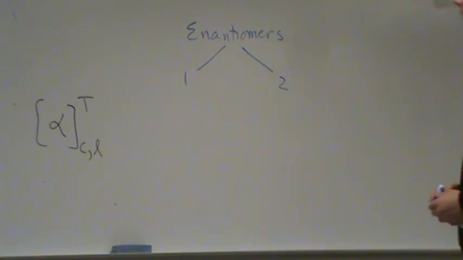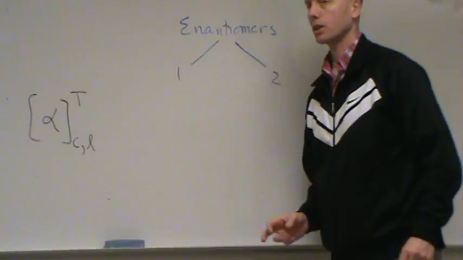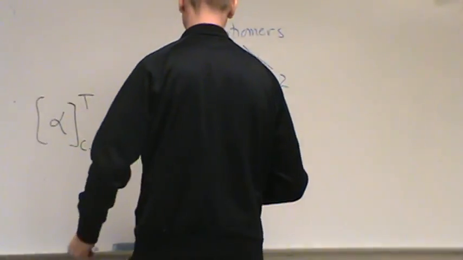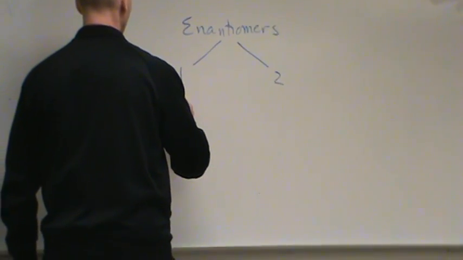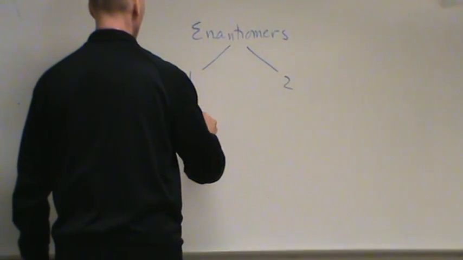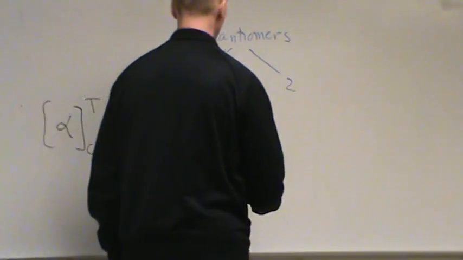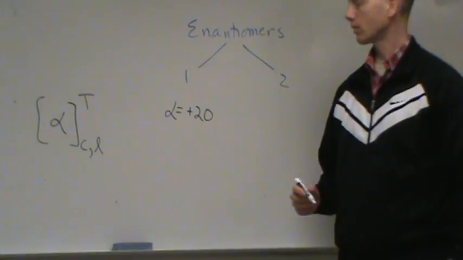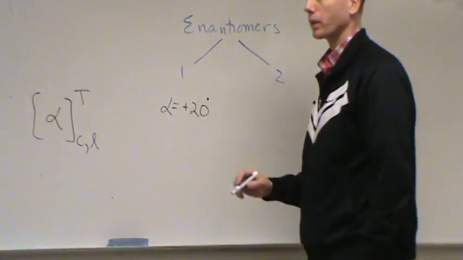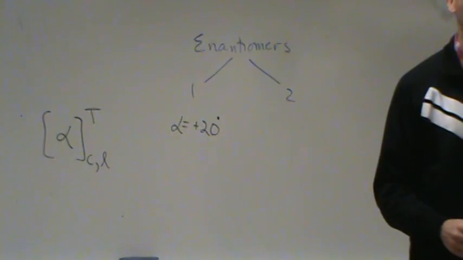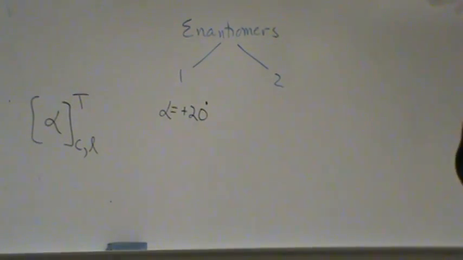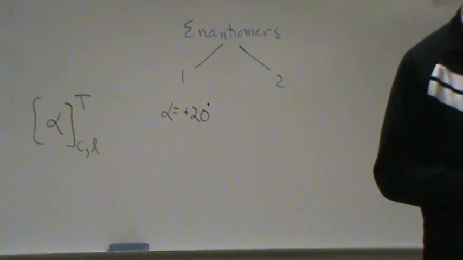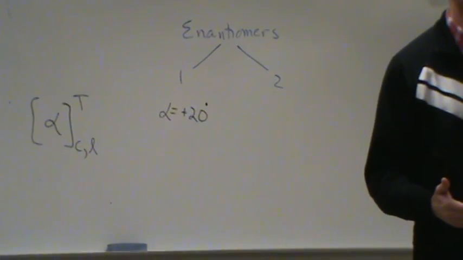Let's suppose I took number 1 and I looked at it in a polarimeter. That way I can measure what its alpha value was. And let's just suppose that came out to be a positive 20 degrees. I have no way to predict that that was 20. I have to measure it. I have no way to predict how fast you can run a mile. We would have to go out and measure it.